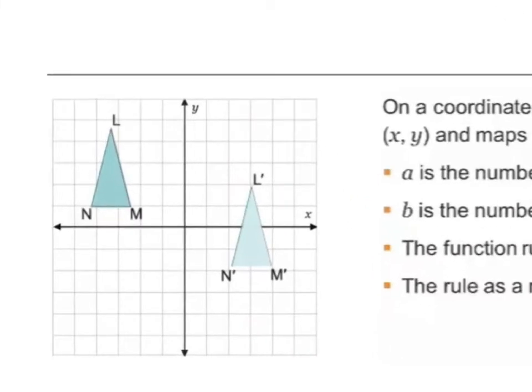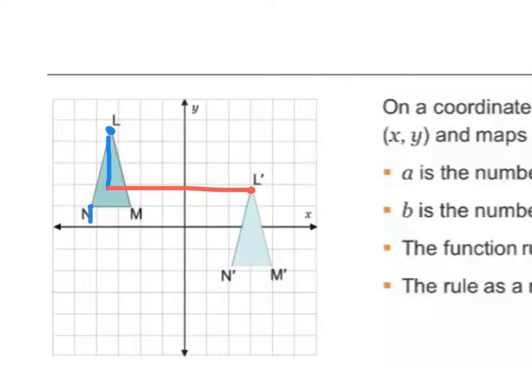All right, and so let's talk about what this would look like here. To go from, say, point L to L prime, you would move vertically, and then we would move horizontally to get that point. Same thing with n and n prime.